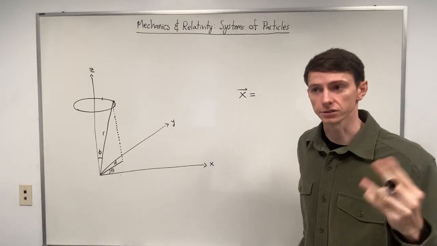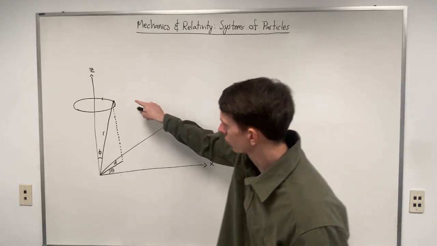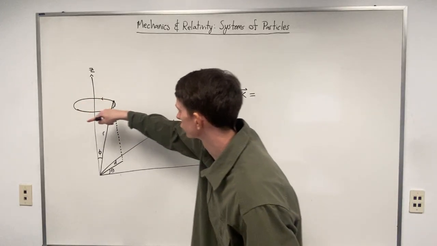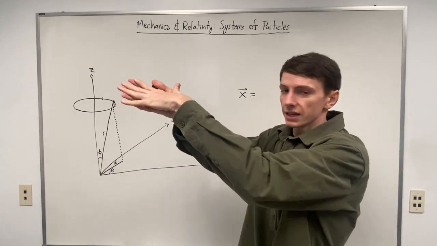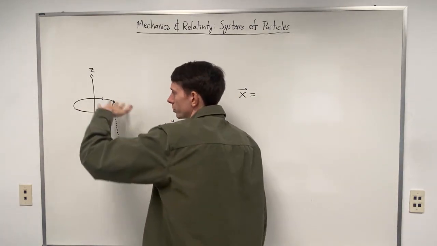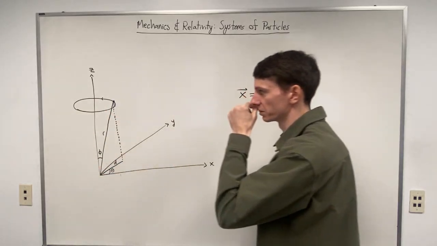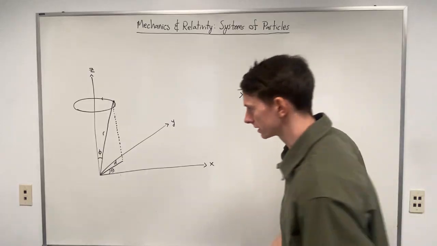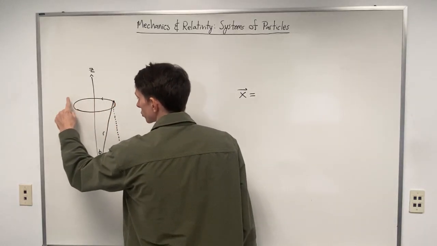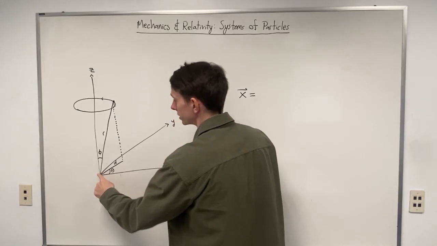There are 3 coordinates in spherical coordinates, r, theta, and phi, right? If this particle is just moving on this circle right here, the circle's not moving up and down, the circle's not oriented at some angle, the circle is supposed to be parallel. The plane of the circle should be parallel to the xy plane. That's the intention with the drawing here. So in that case, as the particle moves around the circle, its distance from the origin is not changing.